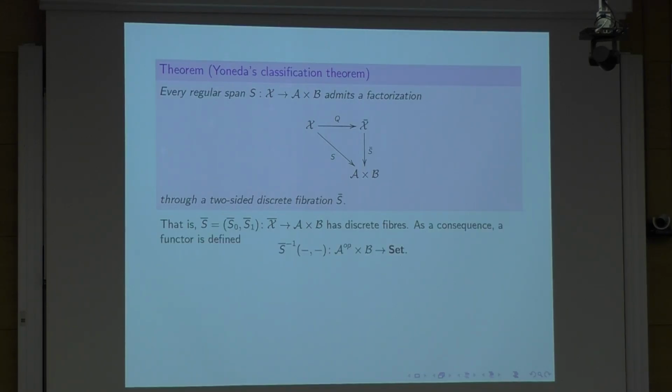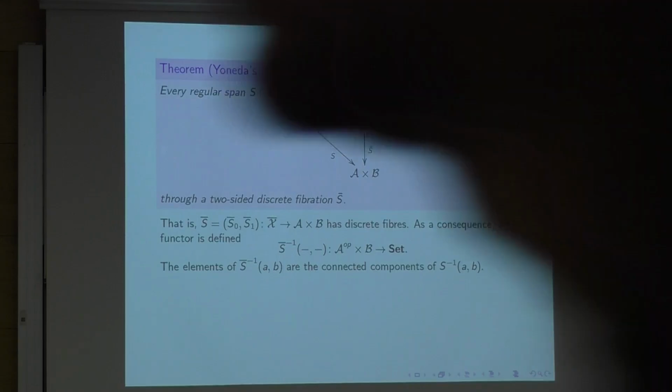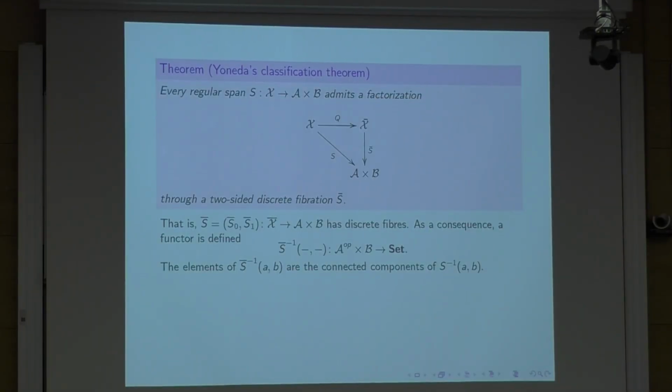And you can get, of course, associated with this two-sided discrete fibration, a profunctor, or if you like, a functor from A op times B into Set. And the connected components of this functor are the elements of this S bar. So you start with S, and you consider the connected components of S, and you get a two-sided discrete fibration, of course, because they are sets.